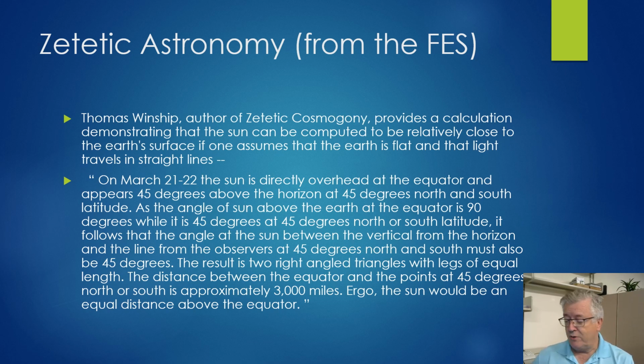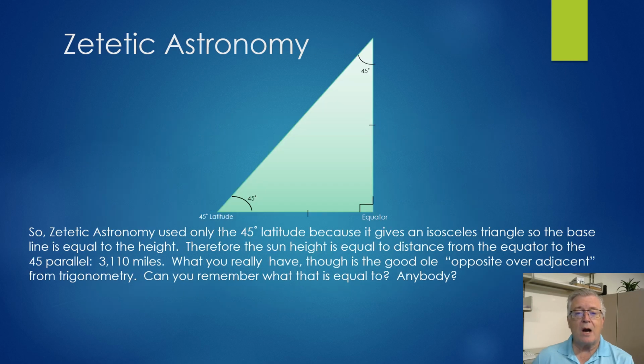So let me show you the isosceles triangle he's talking about here. So here we have this triangle. You can see the right angle at the equator that he talked about, the 45 degree latitude over here, and it makes a 45 degree angle to the sun where you see the sun.